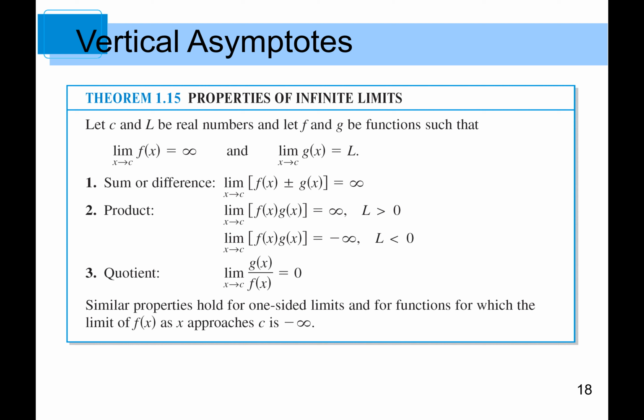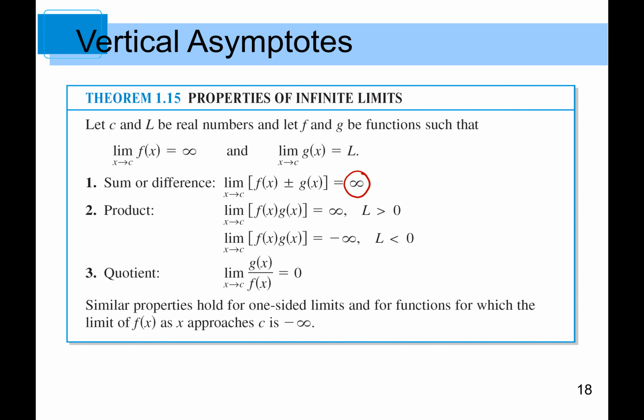Let c and L be real numbers, and let f and g be functions such that the limit of f of x as x approaches c equals infinity, and the limit of g of x as x approaches c equals a constant L. Sum or difference: when you add the two functions, the limit is still infinity.